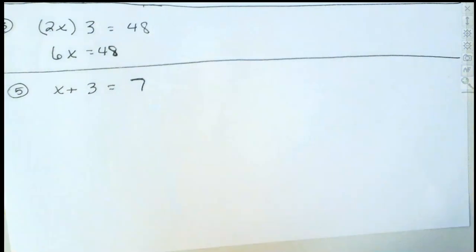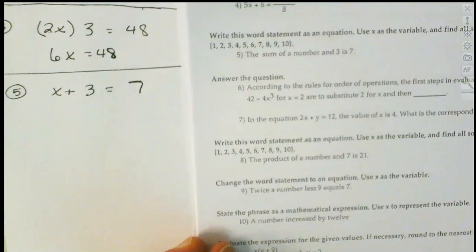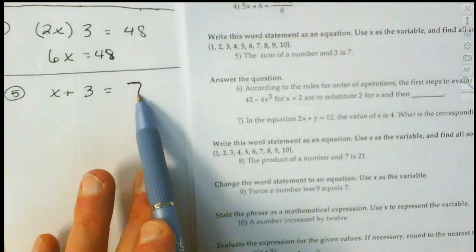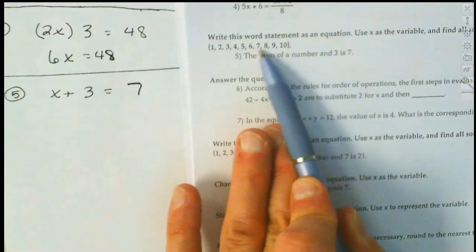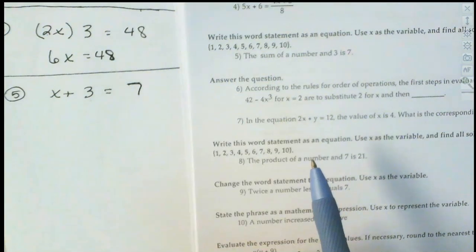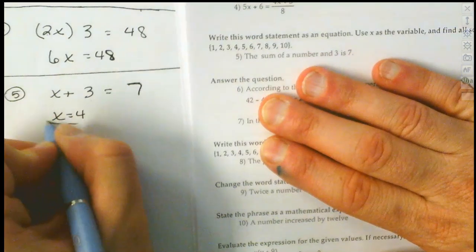Now, we've got choices here, and you might be able to just look at it and see which one's going to work. We're going to take a number, we're going to add 3 to it, and it makes it 7. So from these numbers listed here, what number, if I add 3 to it, makes it 7? 4. So what would the answer for this one be? 4, right?